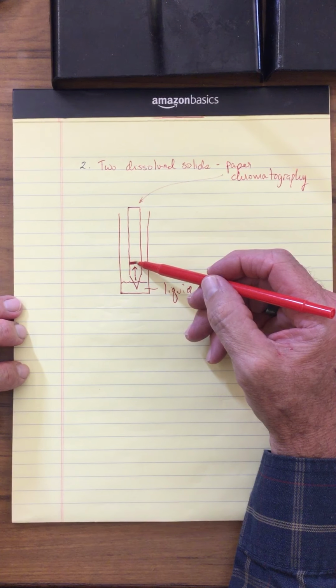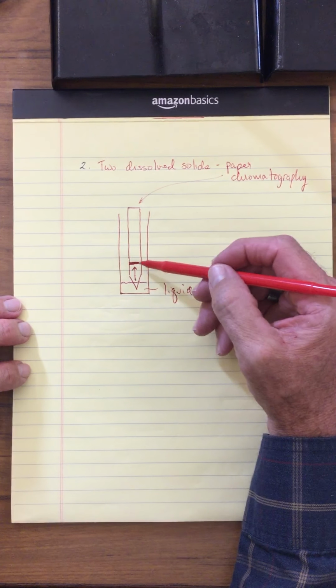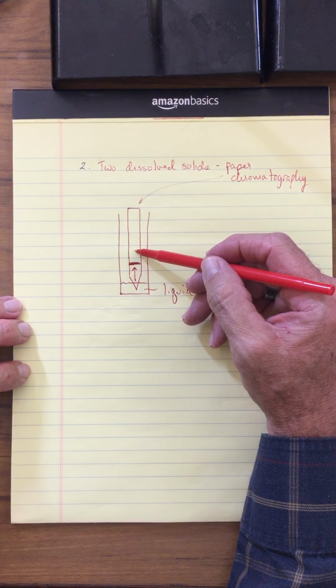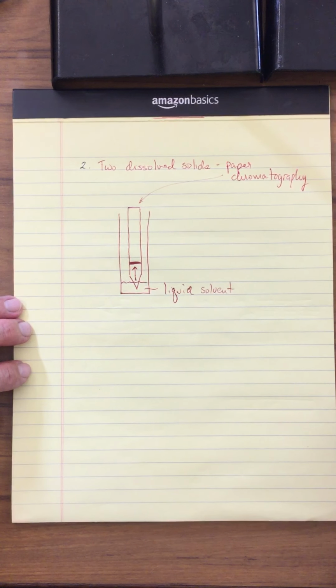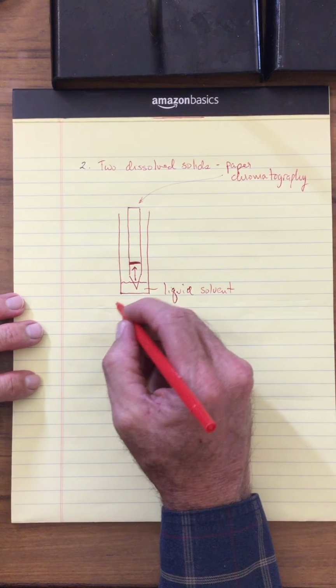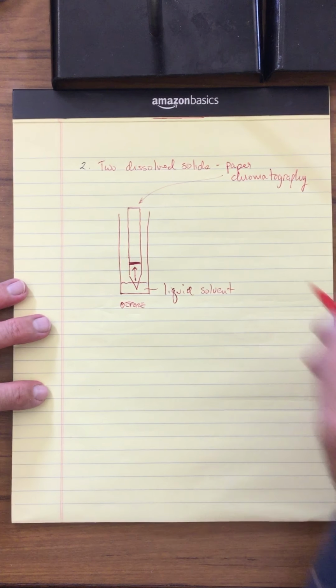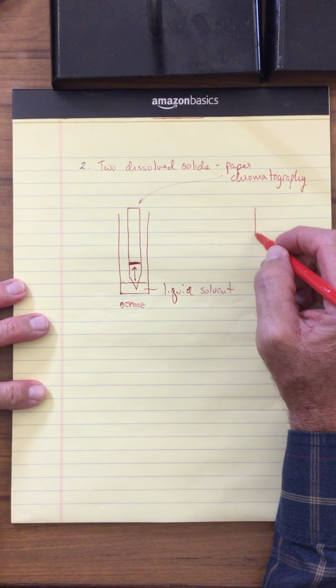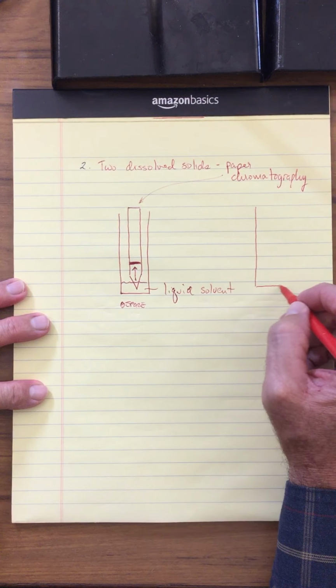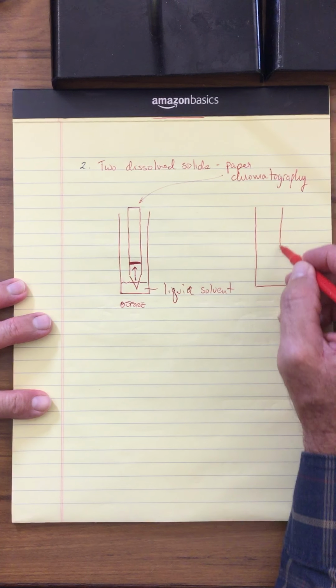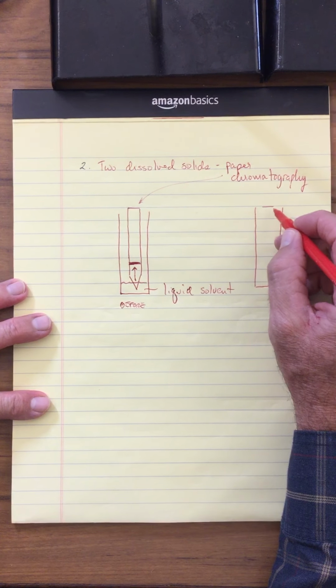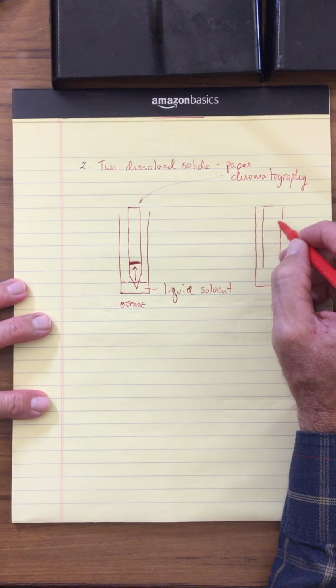And what happens is then it reaches these dissolved solids, and over time it's going to start to push these solids up the paper. So this is a kind of a before snapshot of what's going to be happening. Let's show what's going to be happening in the aftermath. So you have your container. Here's your chromatography strip.